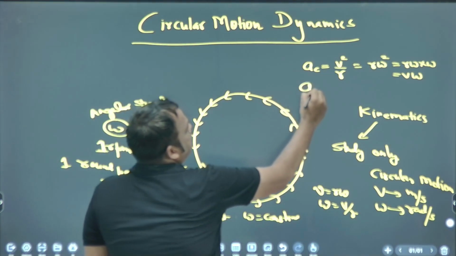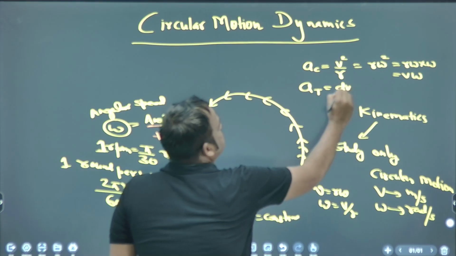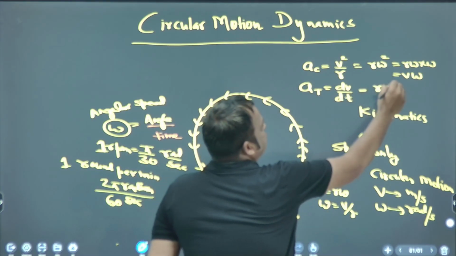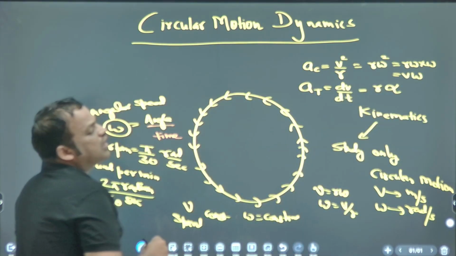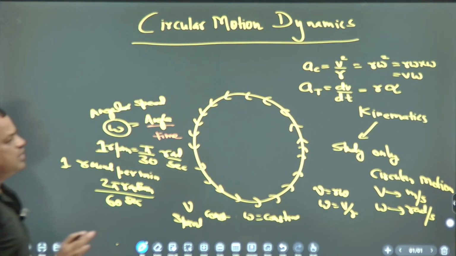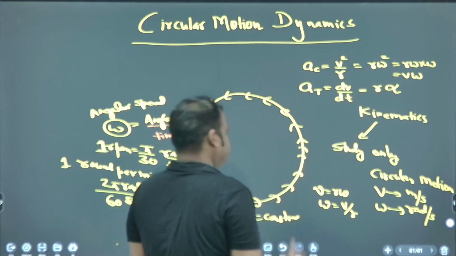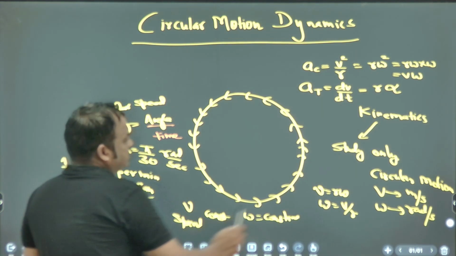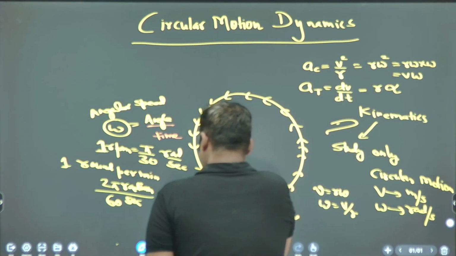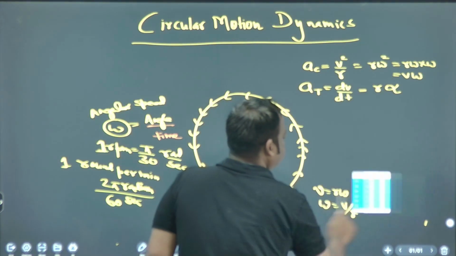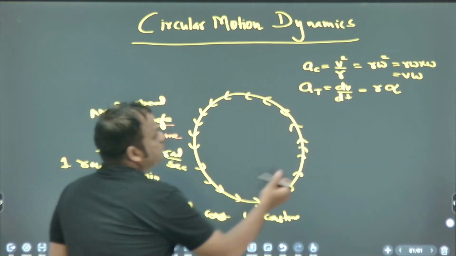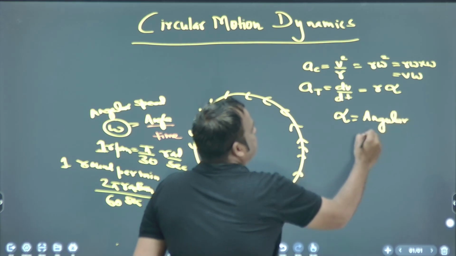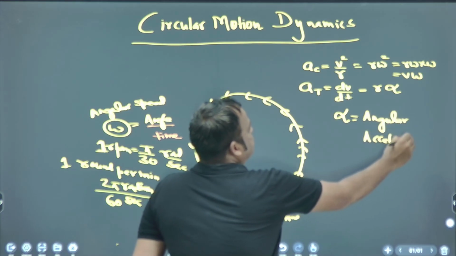Tangential acceleration, what is the formula? dv by dt. Correct. It can be written as R alpha. What is alpha? Angular acceleration. Very good. Alpha is angular acceleration, right?